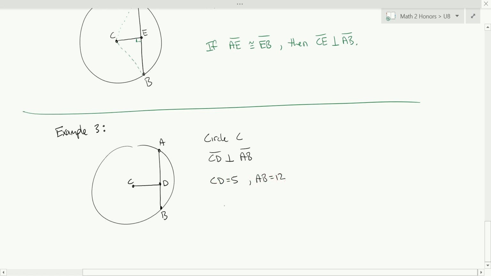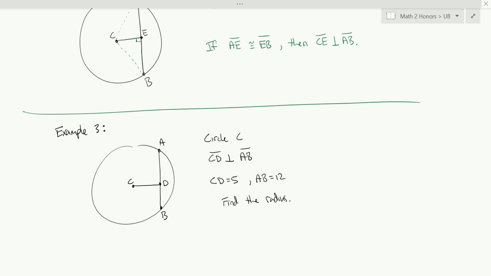And I'd like you to find the radius. Let me know when you have it.